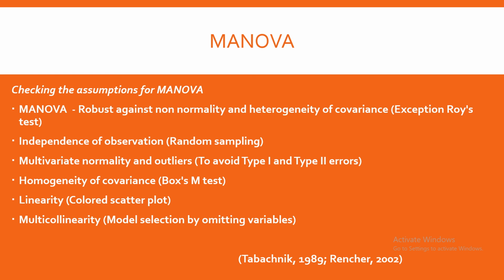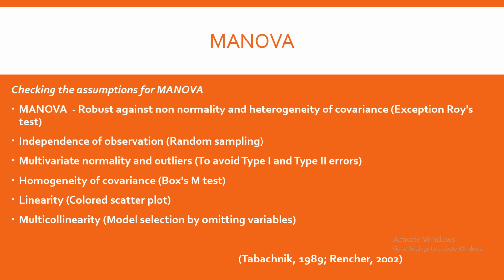For this, the simplest way is a colored scatter plot. In the case of bivariate data we use a simple scatter plot, but here there are multiple variables. If we use a colored scatter plot, then we can see how they are related in different colors, so we will not be confused about the relation between variables while visualizing.